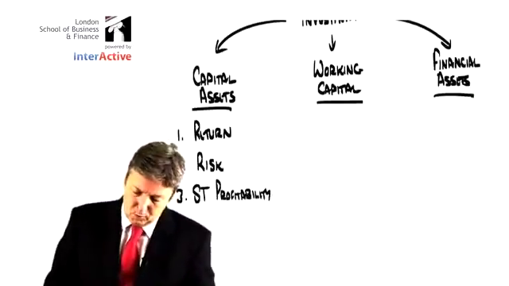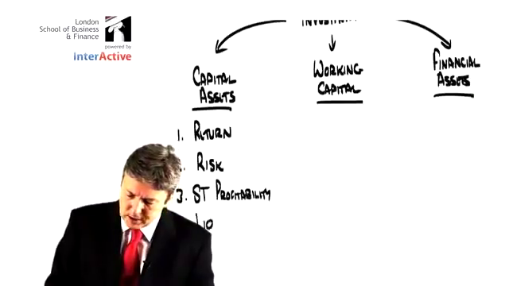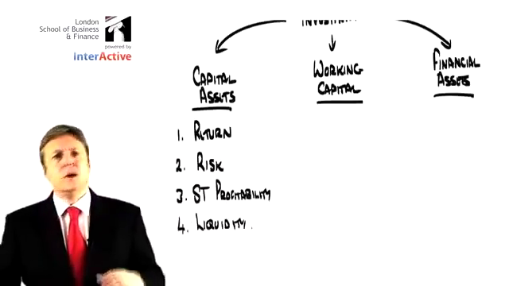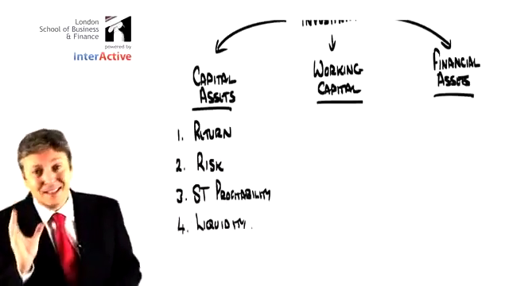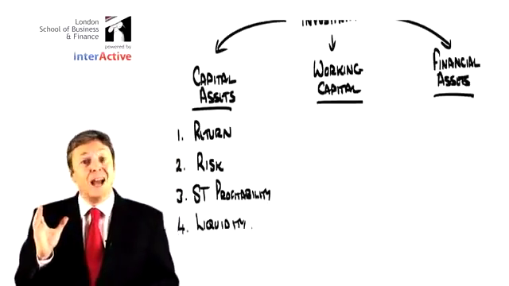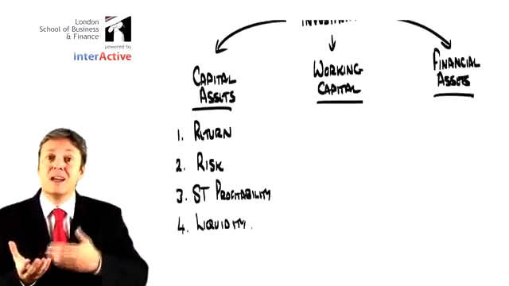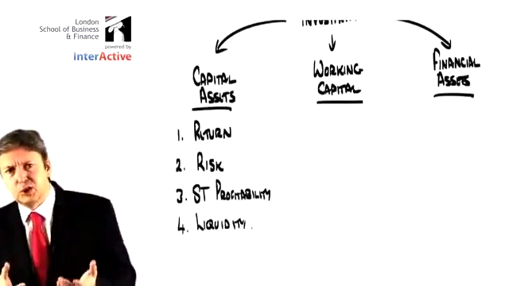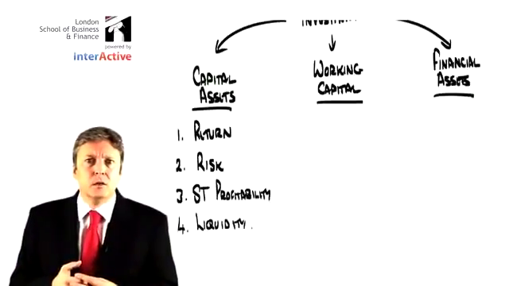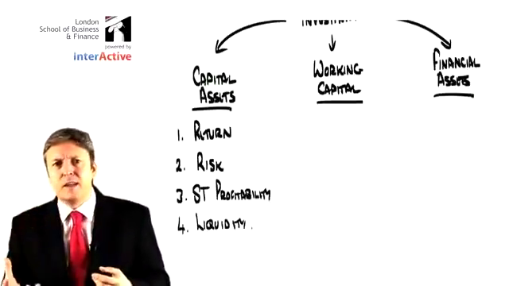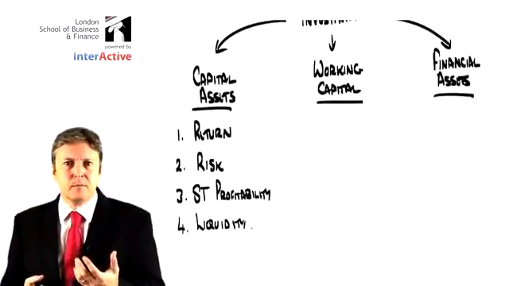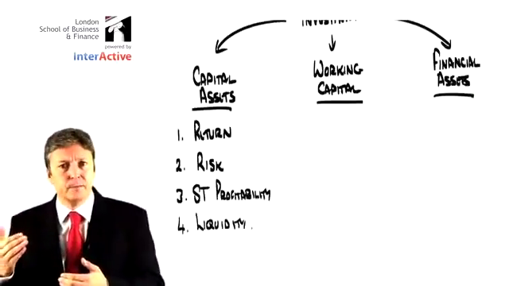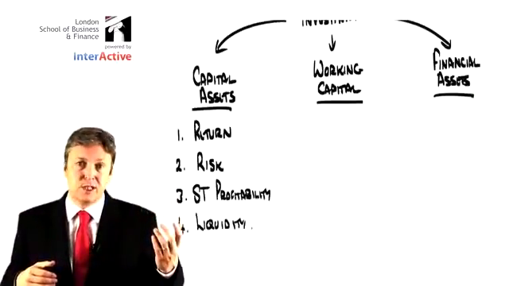And finally, we have to consider the wider liquidity considerations. When I focus on liquidity, what I'm talking about is this. We have to have the cash, of course, to be able to make the investment. But not only that. If we're going to invest in a machine or a building, we will be employing people to operate that machine or inhabit the building. If we have a new process, we will need stock or inventory, and maybe we will have increased receivables.